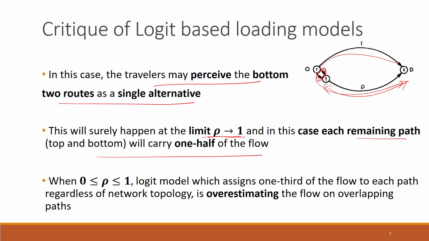But the logit model, even in that case, will be assigning 1/3 flow to all of these three paths. So when rho is going towards 1, this logit model is overestimating the flow on the overlapping paths. It is trying to give a total of 2/3 flow to these bottom two paths, whereas ideally it should only assign half of the flow to these bottom two paths. So this is an error arising because of the use of the logit based loading model in this example.